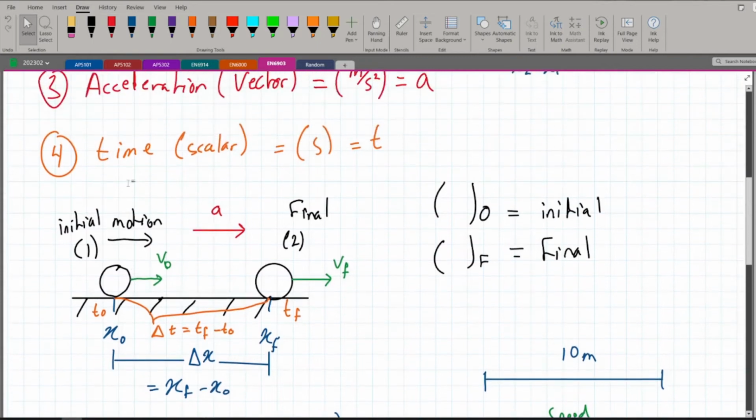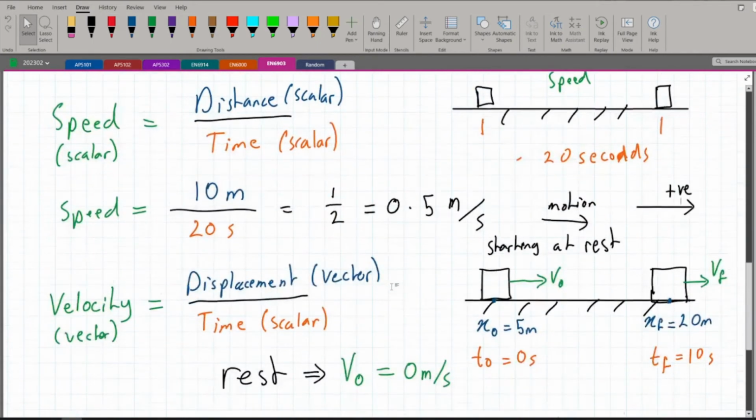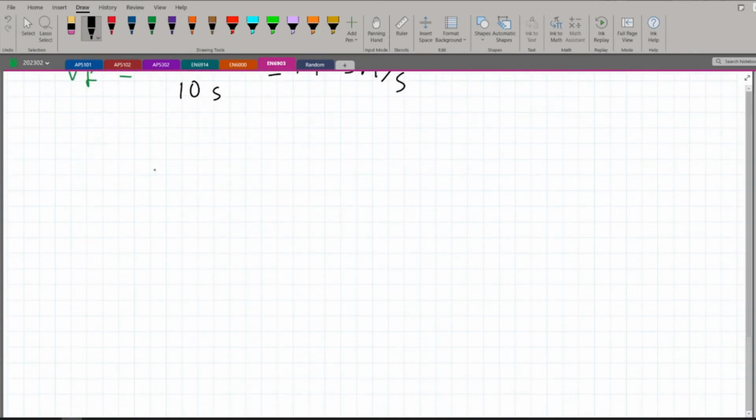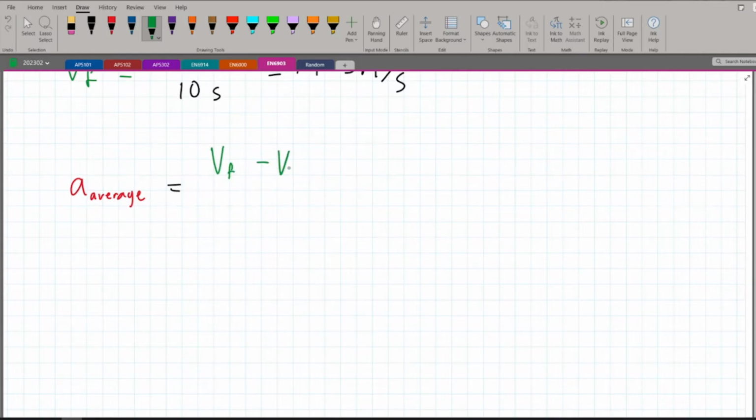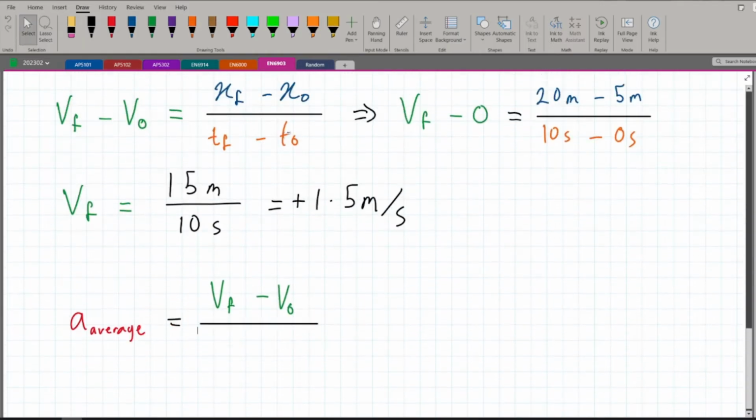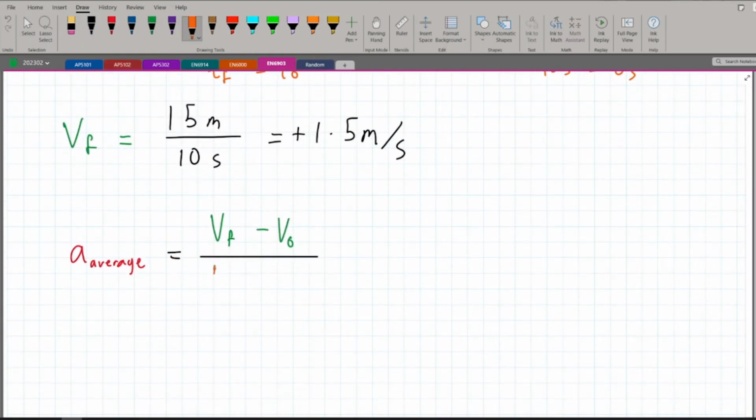Now let's try to relate acceleration to all of this as well. The average acceleration is going to be equal to the change in velocity, which is v final minus v initial, divided by the change in time, which is t final minus t initial.